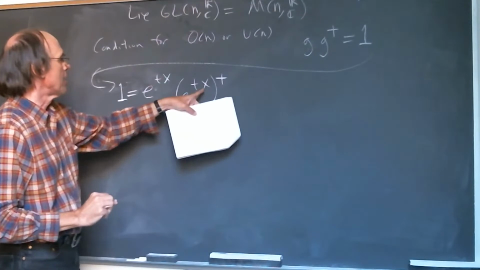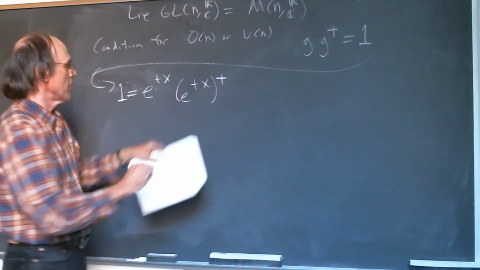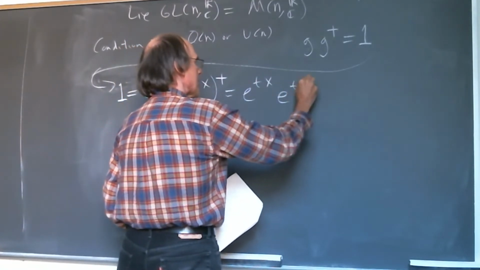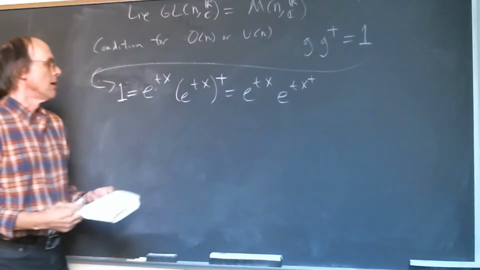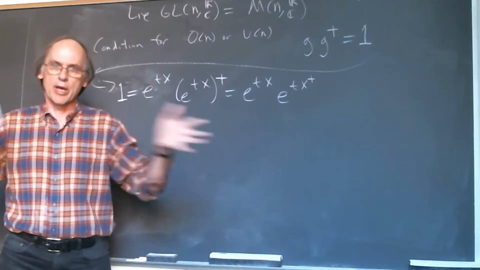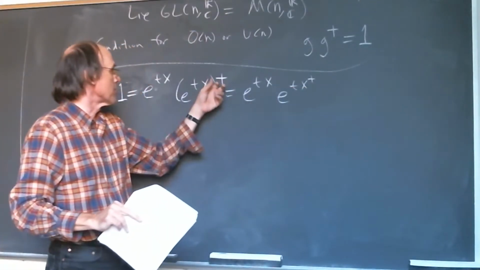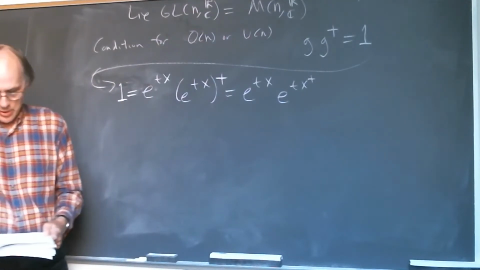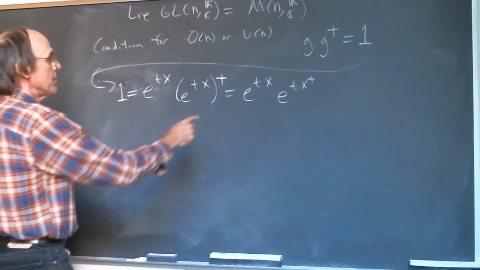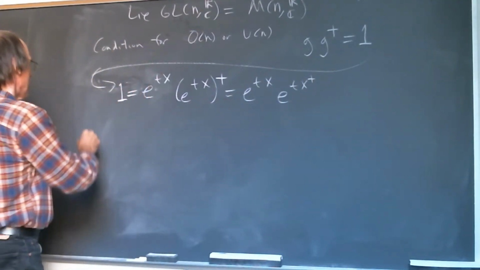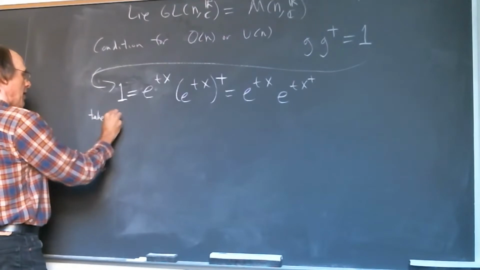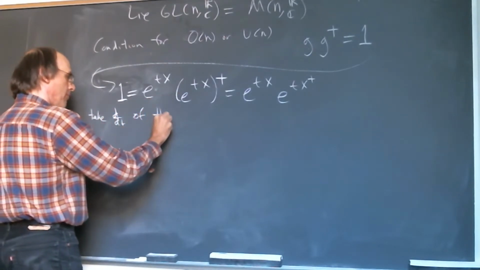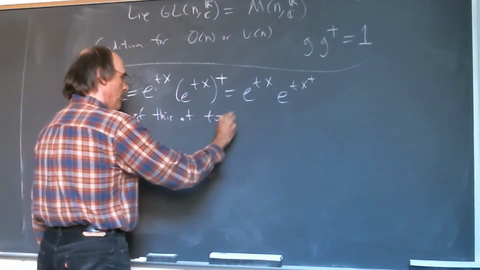The way adjoints work, if you take the adjoint of a product, you get the product of the adjoints. Now what you want to do is differentiate this equation, take d/dt of this at t equals 0.